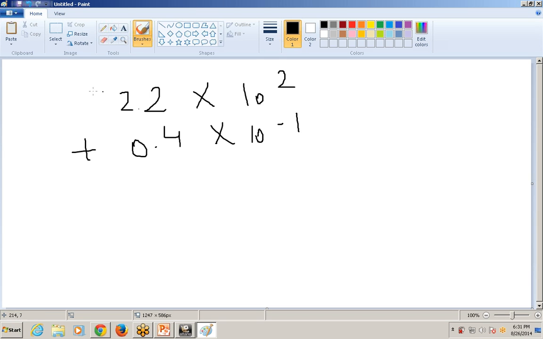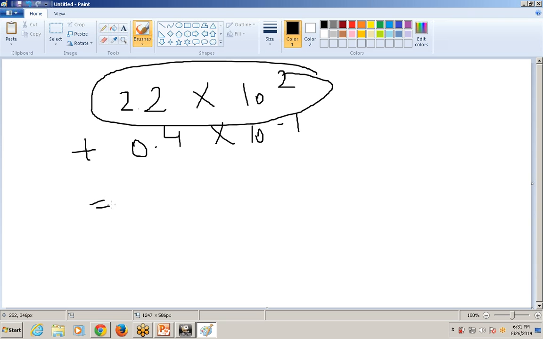This is a positive number, so first convert 10 power minus 1 into 10 power 2. 2.2 times 10 power 2 stays as it is.